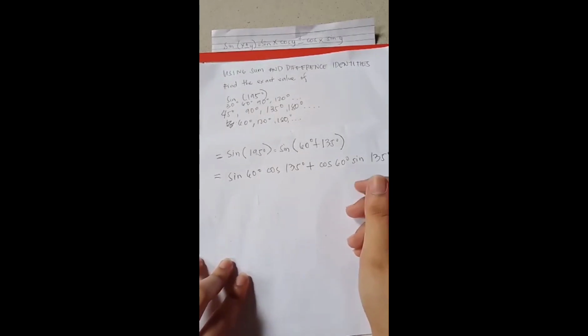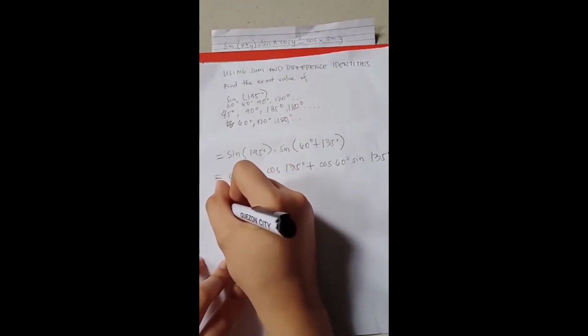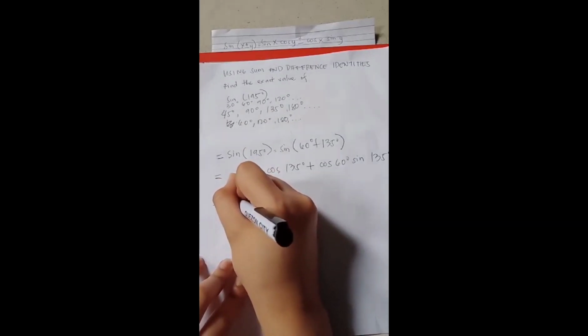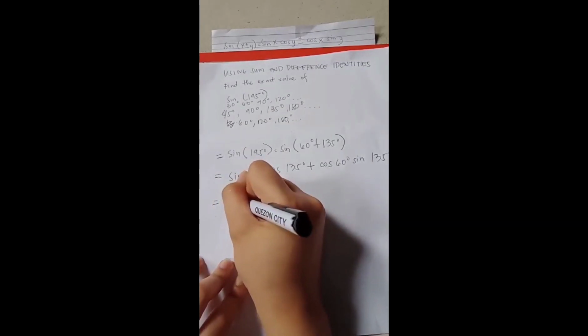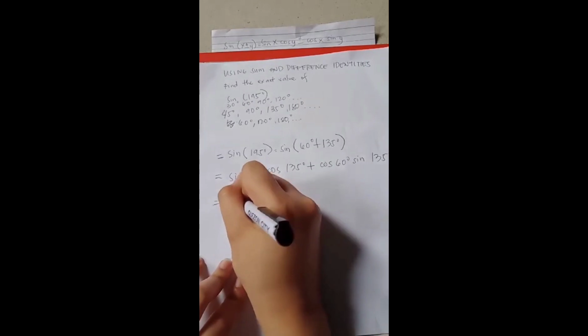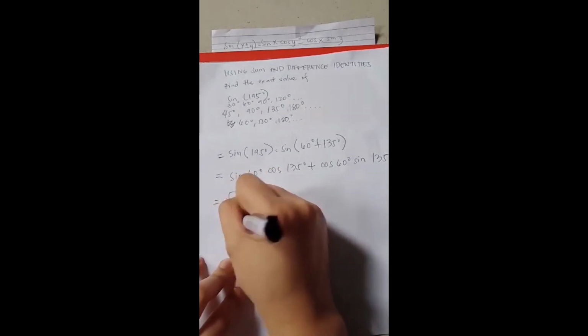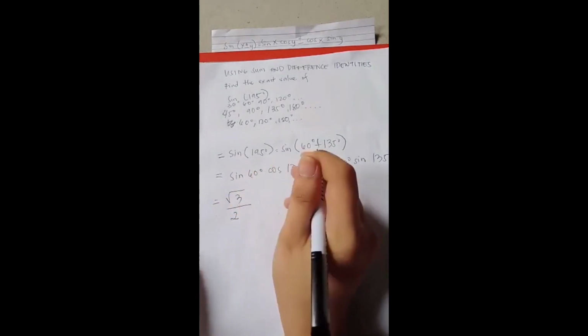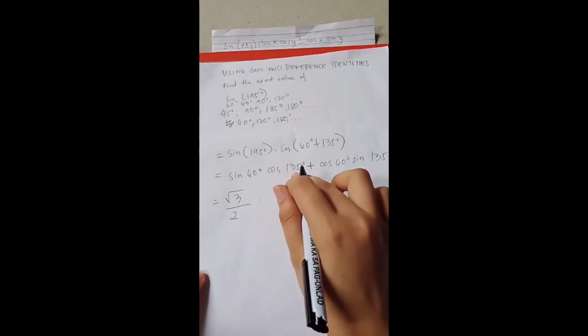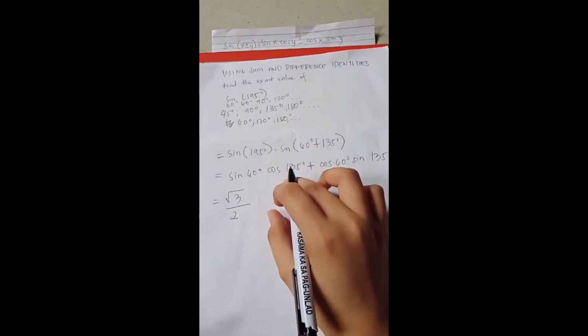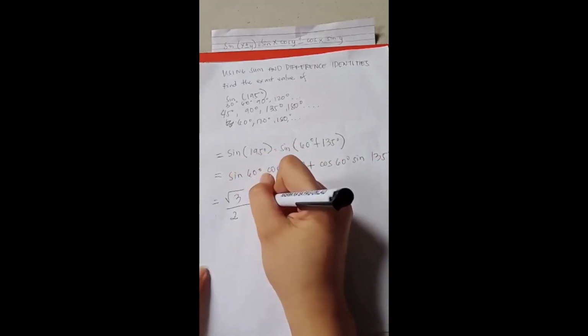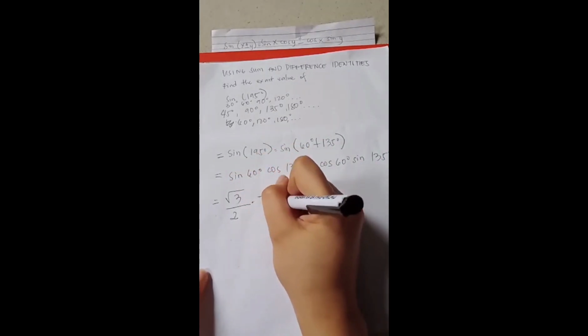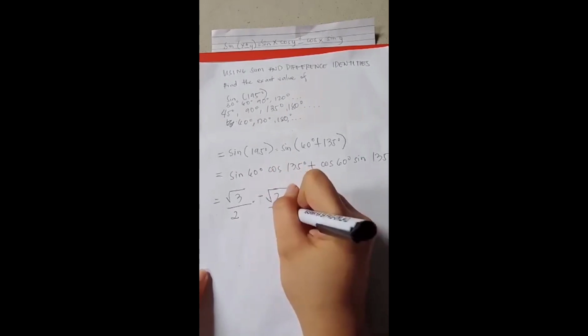That's going to give us root 3 over 2. Cosine of 135 degrees is in the second quadrant, so that's going to give us negative root 2 over 2.